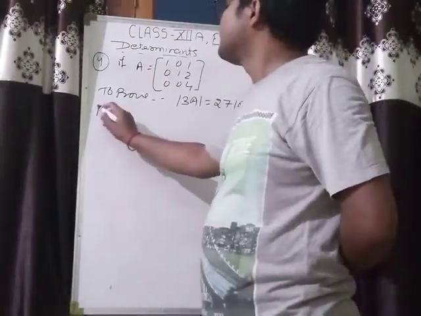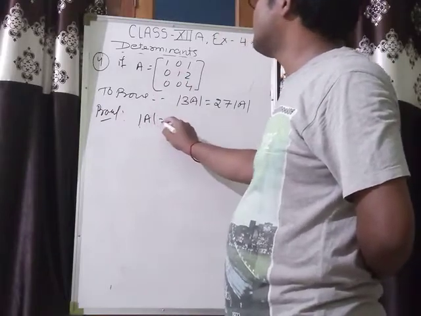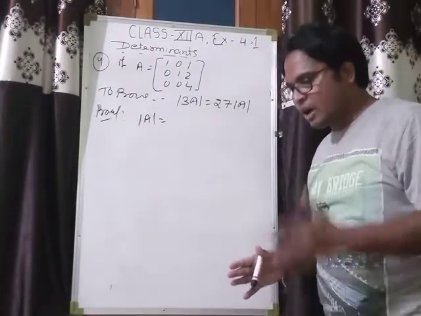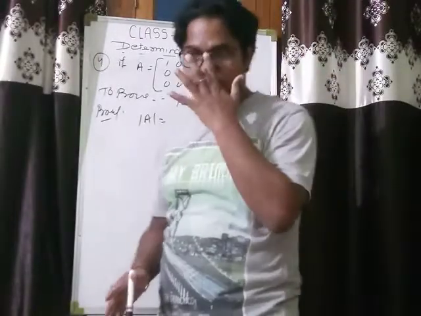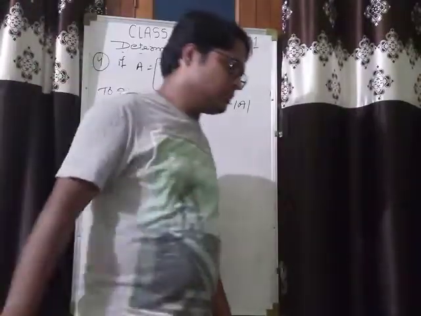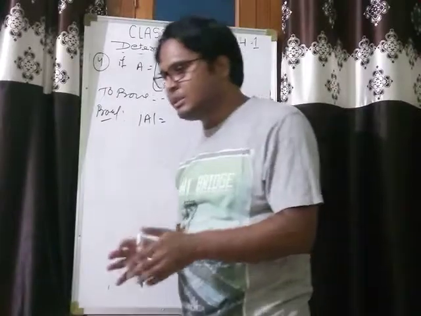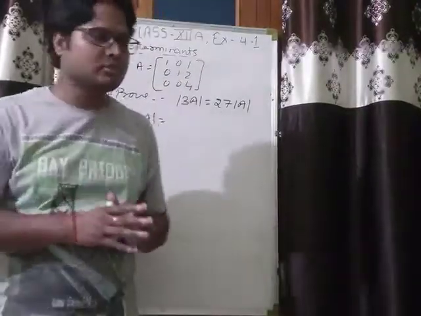See, first of all find out determinant of A. So how can we find out determinant of a square matrix of order 3? It can be found by using any row and any column. You know, in a square matrix of order 3 there are 3 rows and 3 columns.